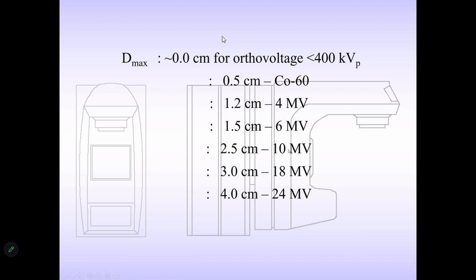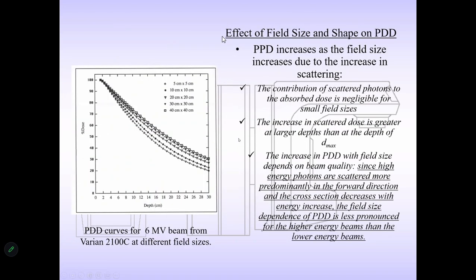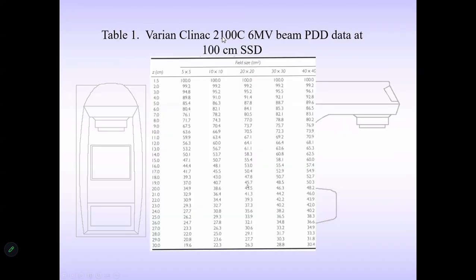6 is 1.5 and 10. If you remember, by the way, those rules for electron, the 432, are not for photon. Okay. We talked about this, and we also talked about the effect of field size on the shape of the PDD.